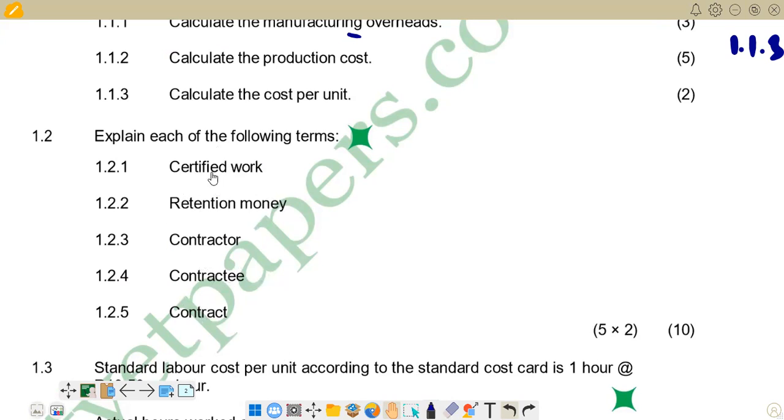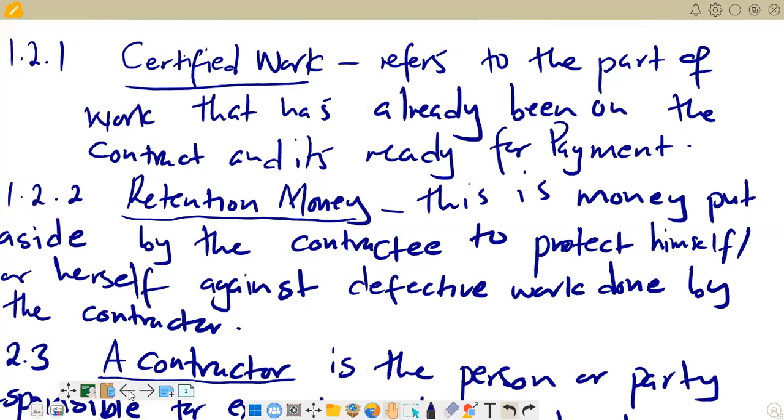So we start with certified work. Certified work, basically, represents that part of work that has already been done and is waiting to be paid. So if you come here with a summary of these explanations, certified work refers to the part of work that has already been done on the contract, and it's ready for payment.